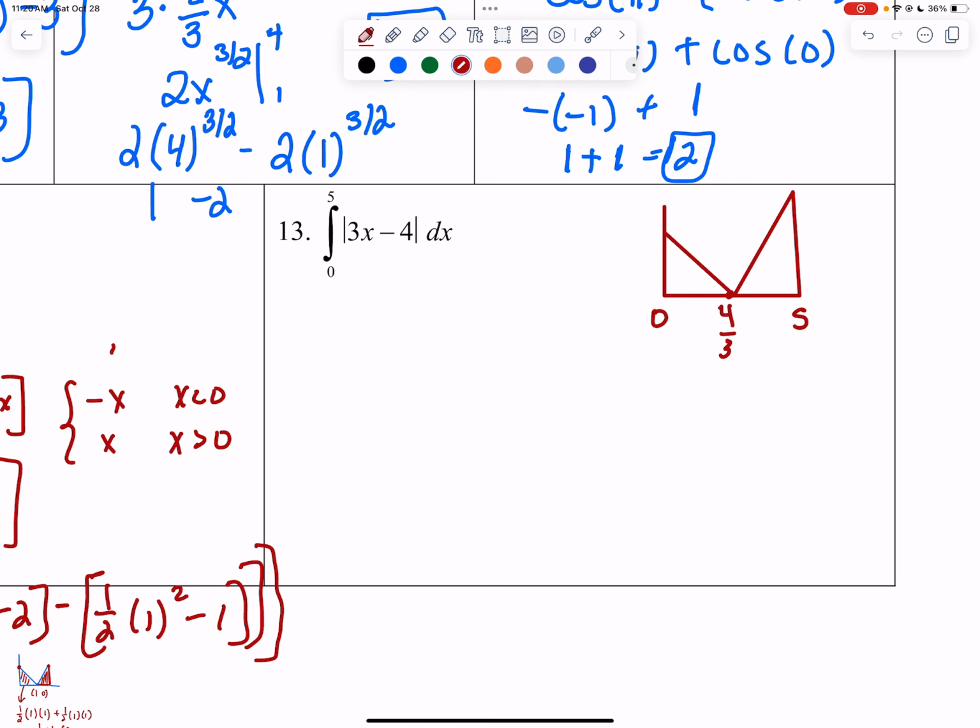Okay, so if I were to evaluate 0 for this function, I'm going to get 3 times 0 minus 4. So this is going to be negative 4. And then at 5 right here, I have 3 times 5, which is 15, minus 4, which is 11. So this right here is going to be 11.